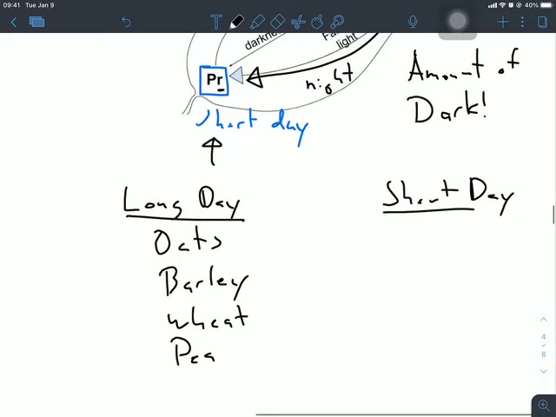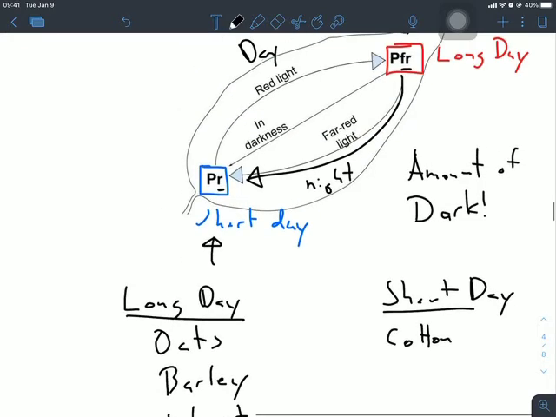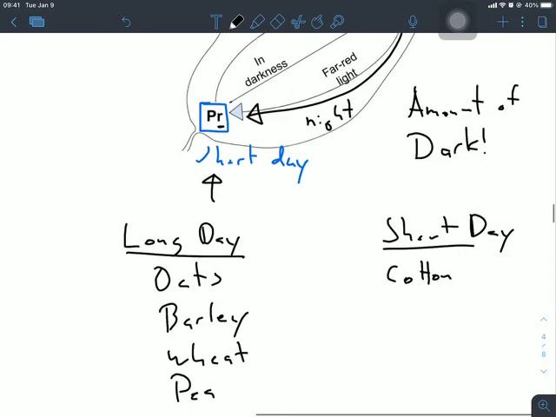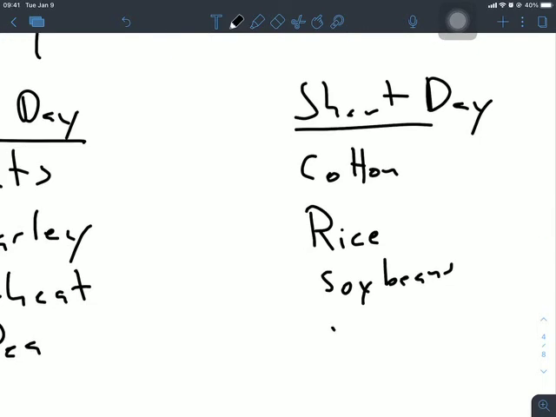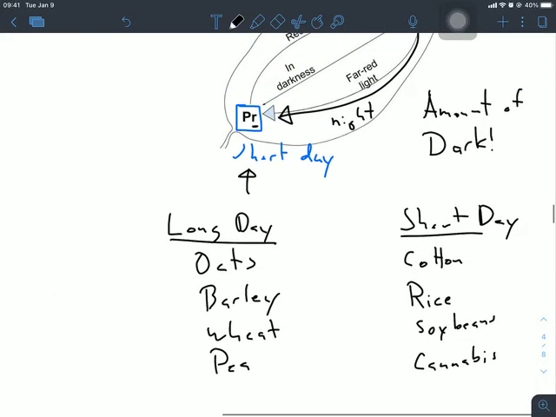Short day plants like cotton need a higher amount of PR than PFR because days are shorter than nights. Cotton, rice, and soybeans, as well as cannabis. All those plants will flower when their PR levels are higher than their PFRs.